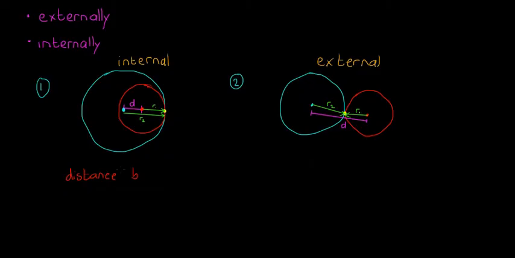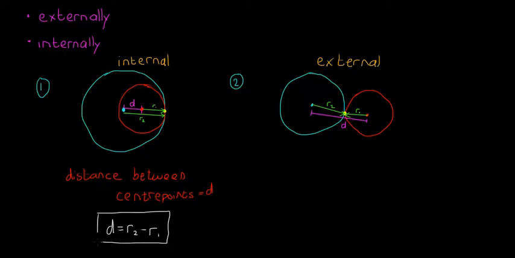Distance between center points is going to be equal to d, and in this case d is going to be equal to, and this is the important thing you have to remember, d is equal to or2 minus or1, right? Where or2 and or1 are the radiuses of each circle, and this is going to be the same here, except in this case d is going to be or2 plus or1.